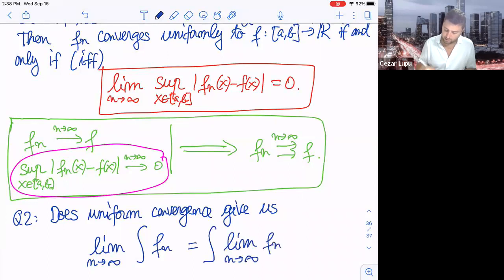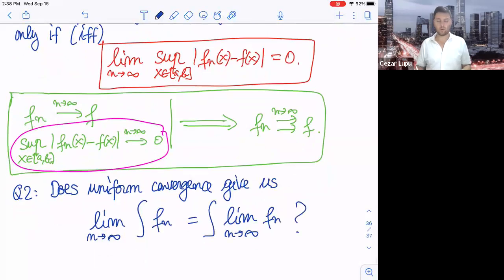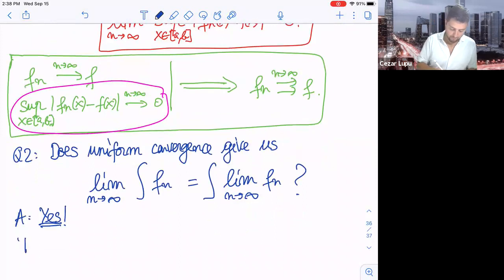So let me write this generically like this. That is the question. And the answer is yes, it does. Indeed, we can swap the integral with the limit. So let me just write the theorem. This is a very important theorem.